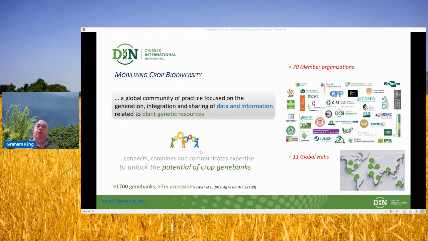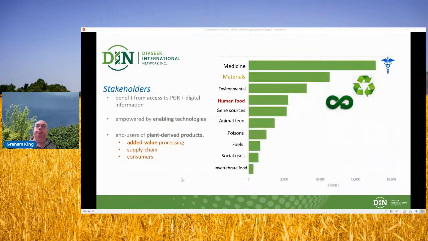So this is our mission, really, to connect, combine, and communicate expertise and unlock the potential of crop gene banks. Our stakeholders are any actors who benefit from access to genetic resources and the associated digital information.